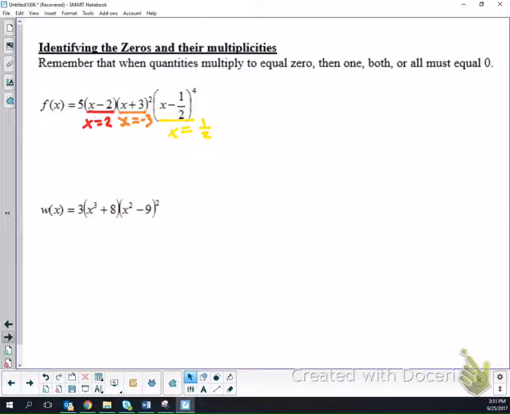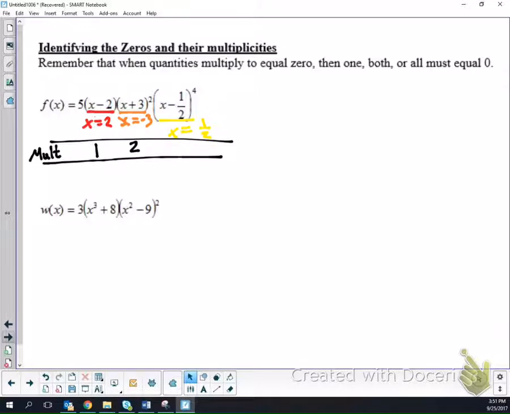So now that we've done those, let's talk about their multiplicities. Okay, so multiplicities, just how many times they happened. So we see the x minus 2 only happened once. The x plus 3 happened twice.